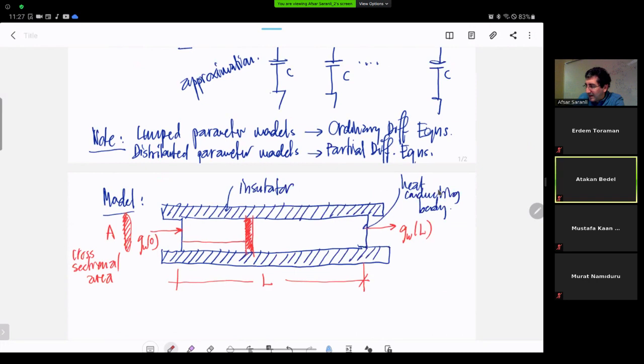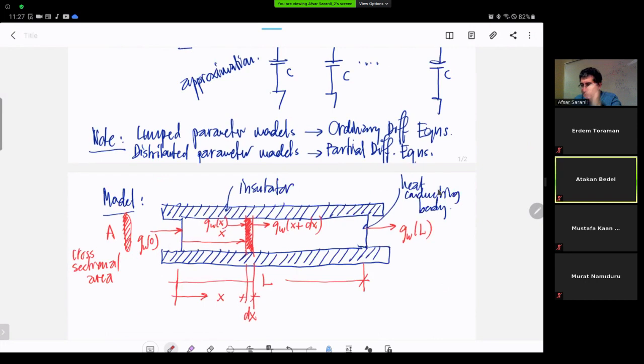Let's call this at a distance x. So this is our x-axis. And we will also consider the inflow of heat here and outflow of heat, and this we will say Qω(x) and Qω(x + dx), because this distance over here will be considered to be an infinitesimally small distance dx.